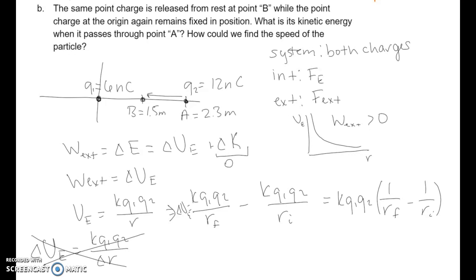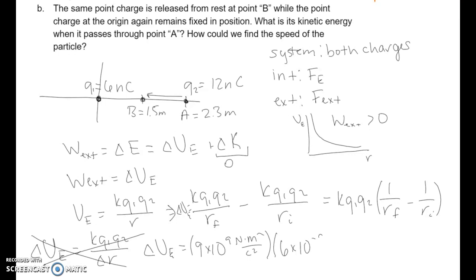So let's plug numbers into the expression we have up here for our change in electric potential energy, which is our work. We've got K, that's 9 times 10 to the 9 newton meter squared per coulomb squared. Q1 times Q2, so 6 nanocoulombs and 12 nanocoulombs.